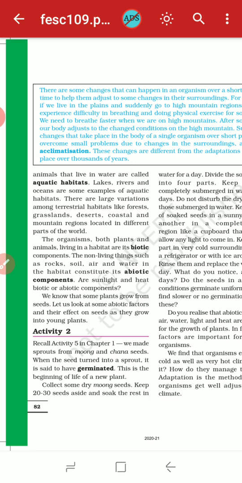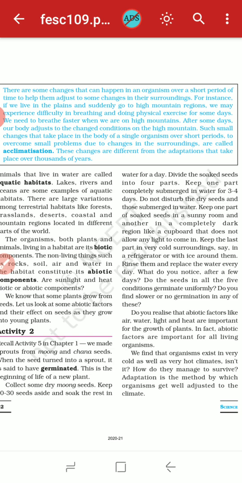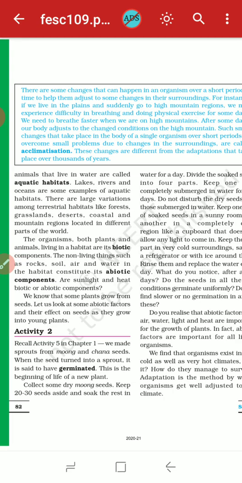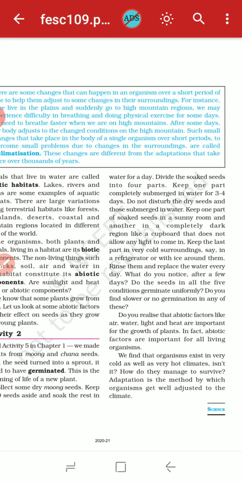Now collect some dry moong seeds, keep 20-30 seeds aside and soak the rest in water for a day. Now divide the soaked seeds into 4 parts.